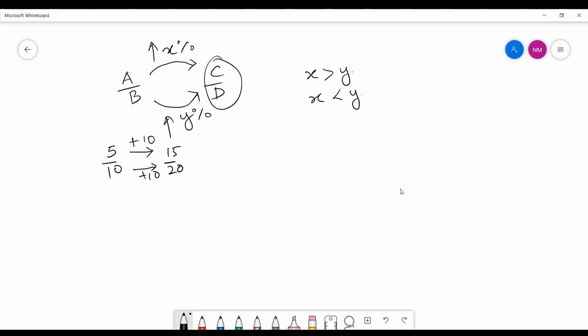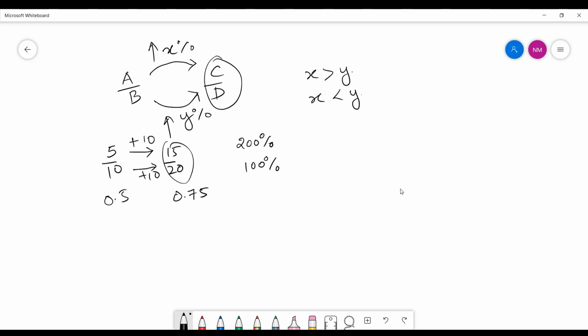So we need to see how much the numerator changes. In this case, it changed by 200%, and my denominator changed by 100%. So my X is greater than Y, so definitely this ratio is going to be higher, which is indeed the case. This is 0.5 and this is 0.75.